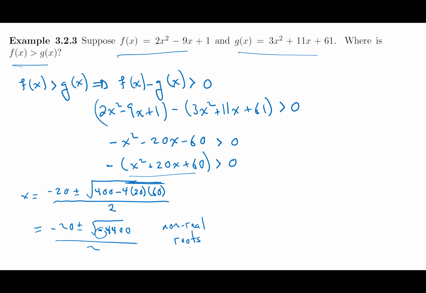So this quadratic, we know it opens down and it never crosses the x-axis, which means the whole thing must live where?